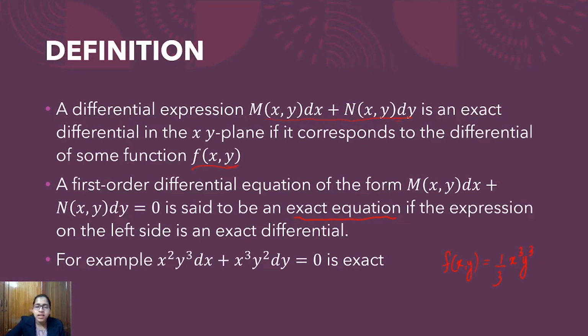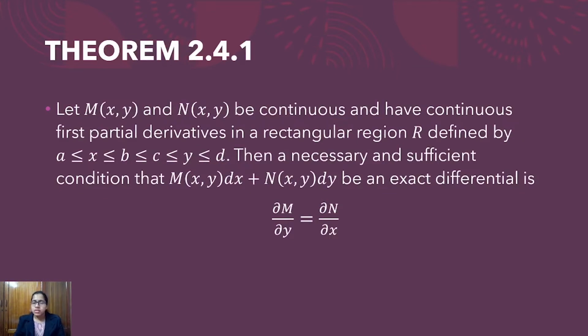So this is an exact equation, because the left hand side can be written as the differential of this function. I hope the concept is clear. An equation or a differential expression is exact if it can be expressed as the differential of another function.